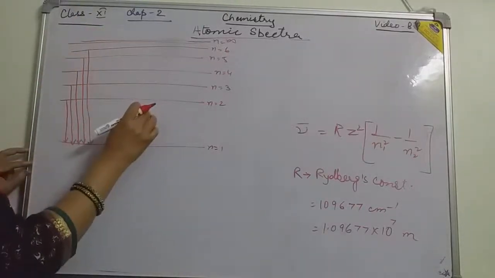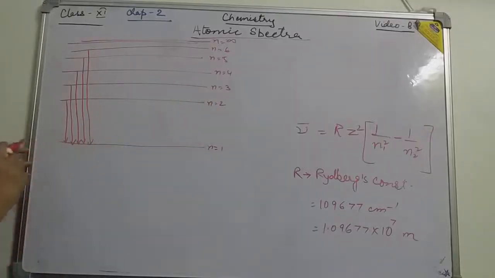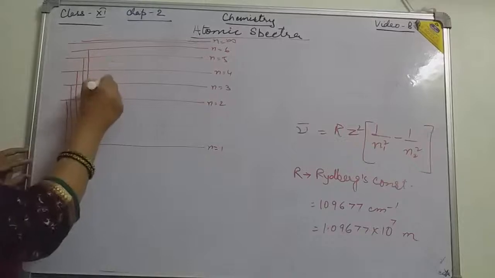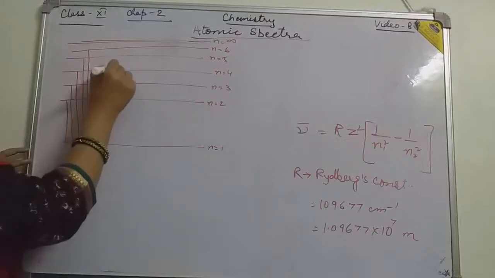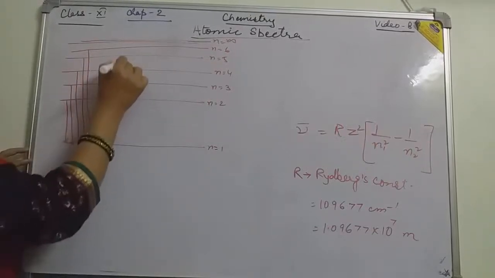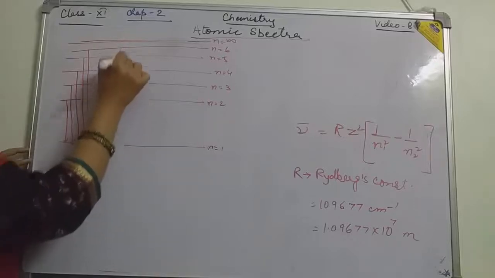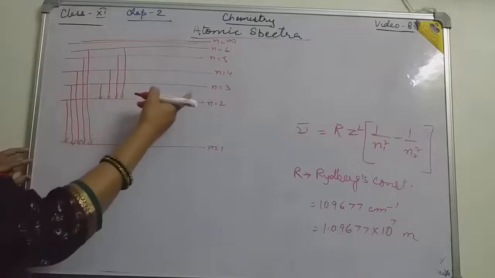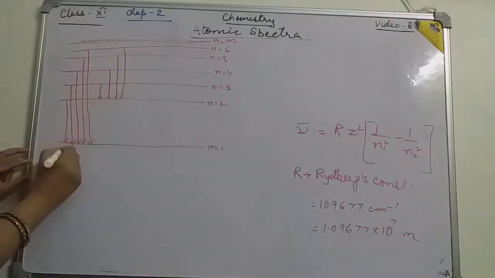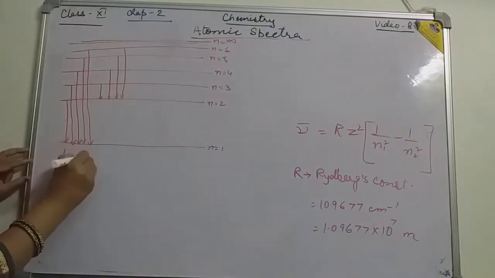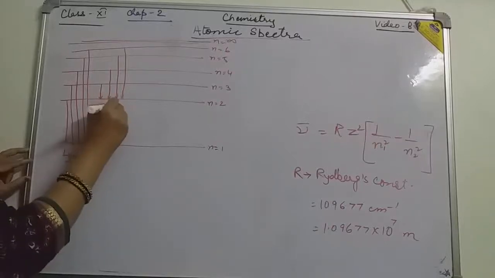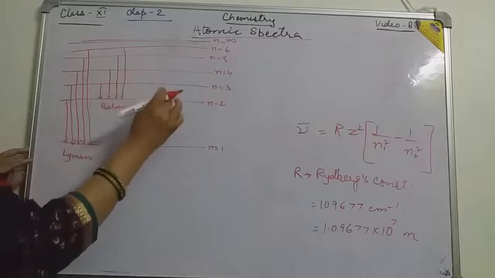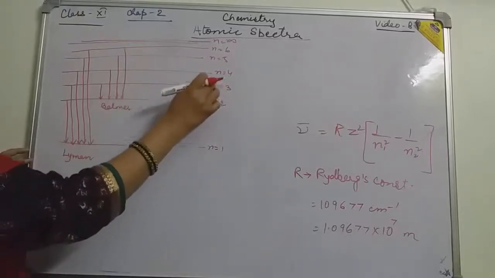For the Balmer series, the spectral line moves from third to second, fourth to second, fifth to second, sixth to second, likewise. This is for the Lyman series, and this is for the Balmer series. Next series is for third and fourth.